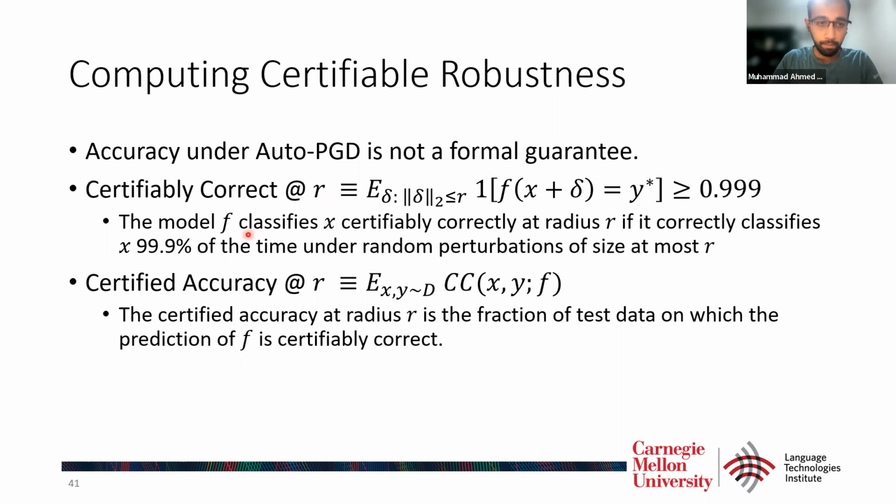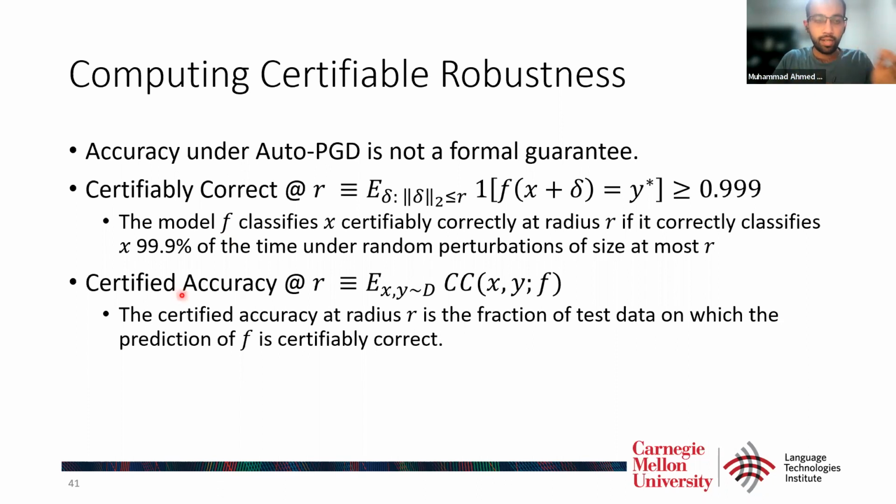What this means is that if the model F classifies an example X certifiably at radius R, it means that it will correctly classify X 99.9% of the time under random perturbations having size at most R. So that's a formal guarantee that says if you add any form of noise having L2 norm at most R, then 99% of the time the model will be able to correctly classify the input.